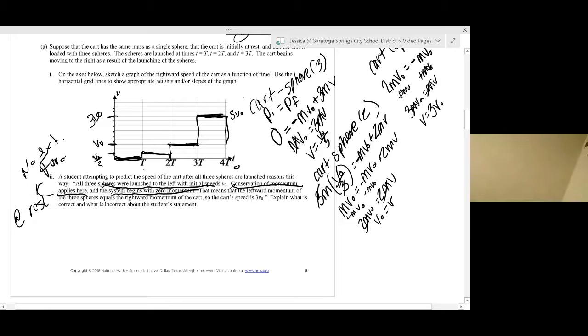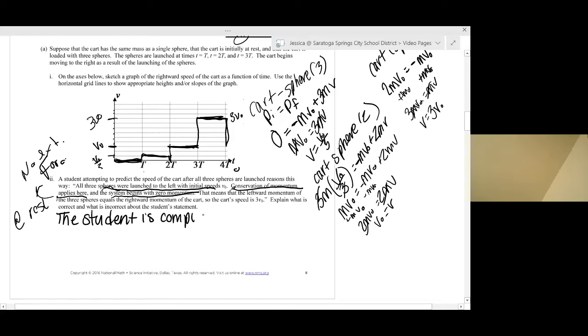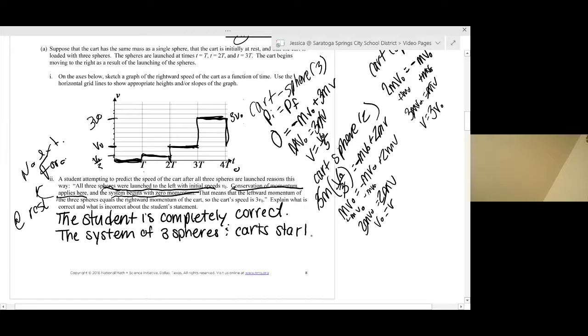So what we would write is we would say student is completely correct. The system of 3 spheres and cart starts at rest.